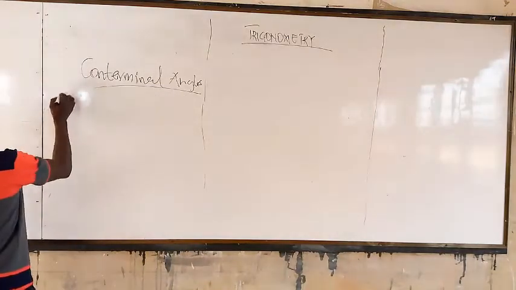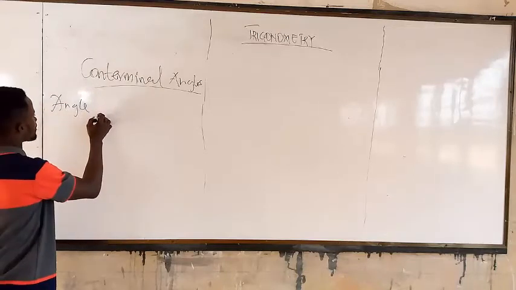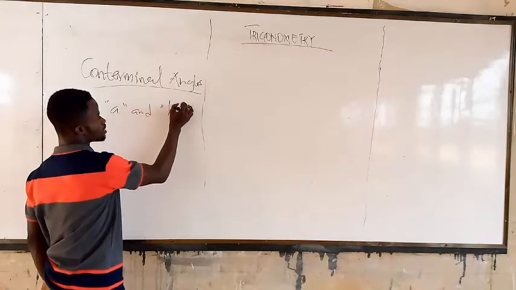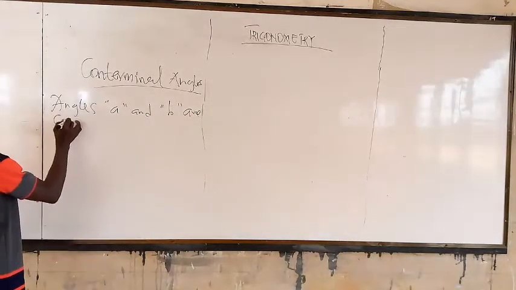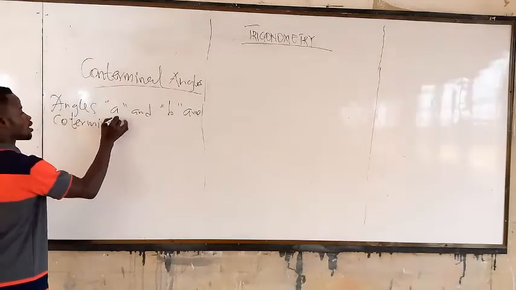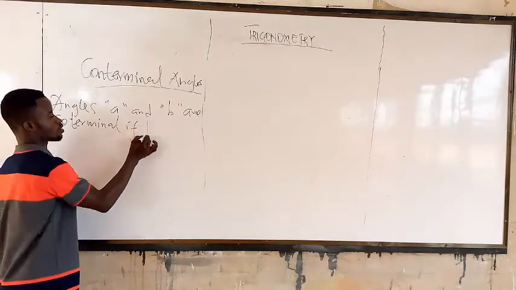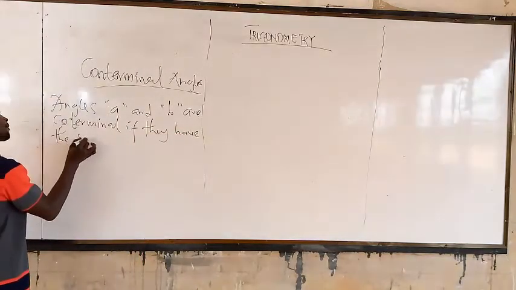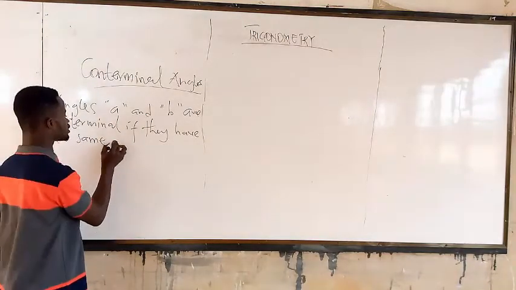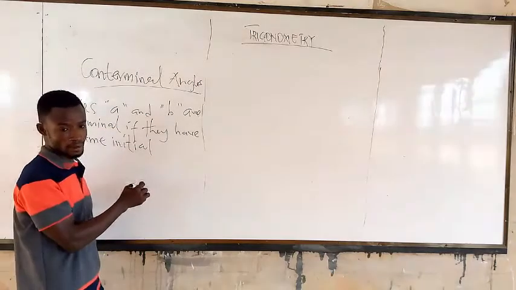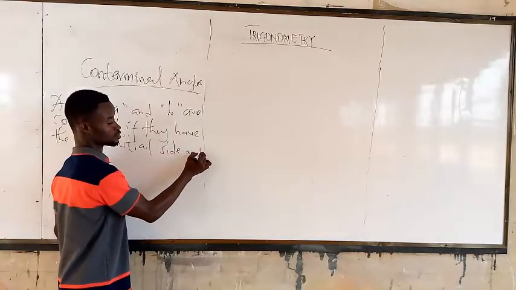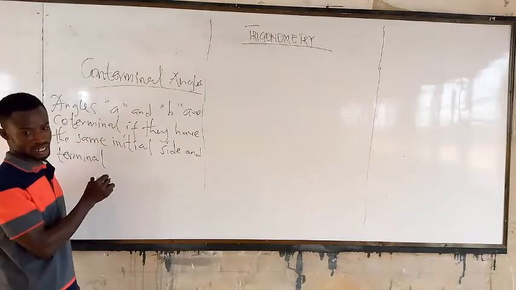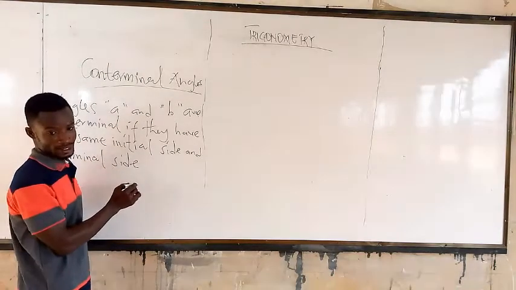We say angles A and B are coterminal if they have the same initial side and terminal side.